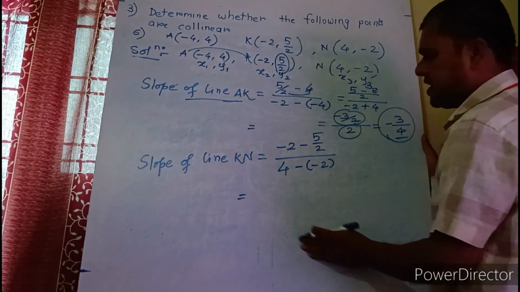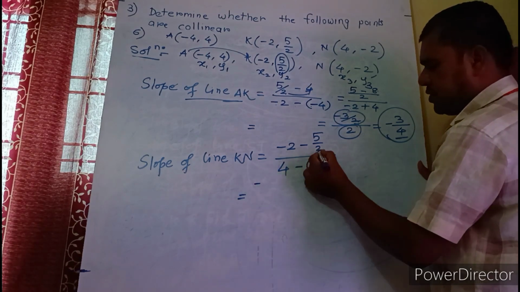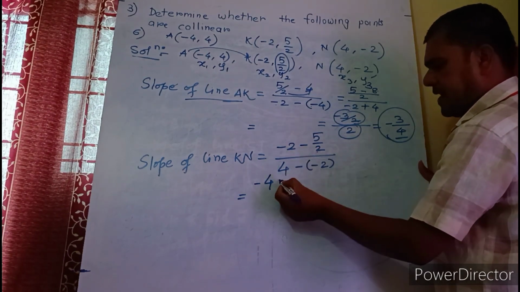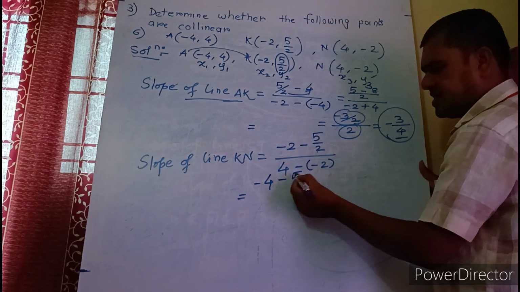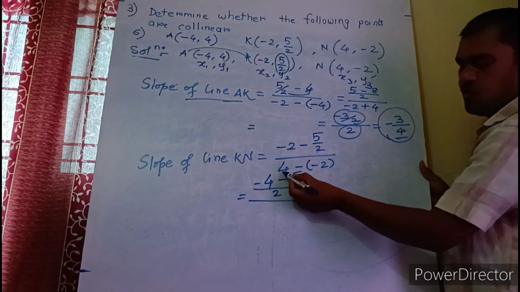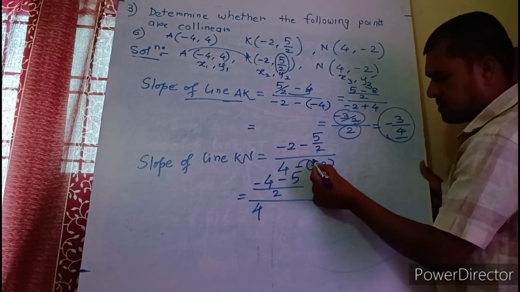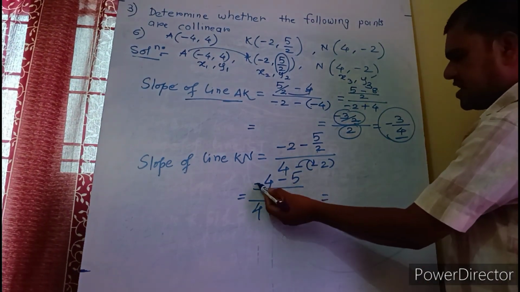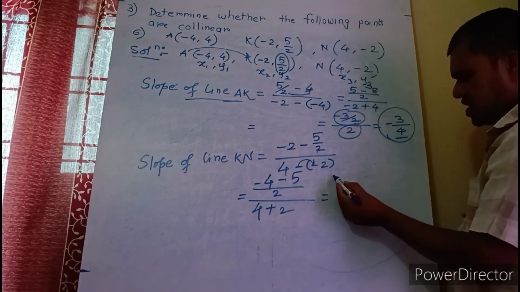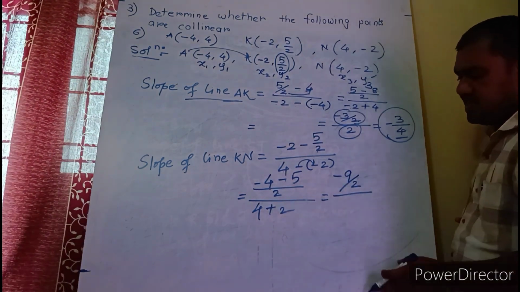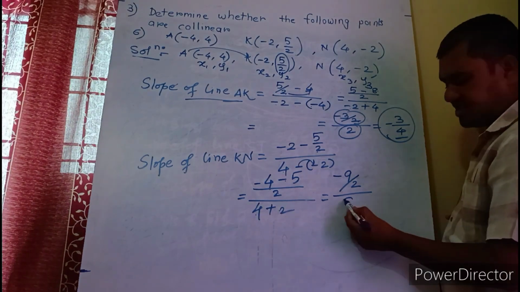On solving this, we get minus 2 into 2, that is minus 4, minus 5, divided by 2, now divided by 4 minus minus, plus 2. On solving this calculation, we get minus 4 minus 5, that is minus 9, divided by 2, and 4 plus 2 is 6.